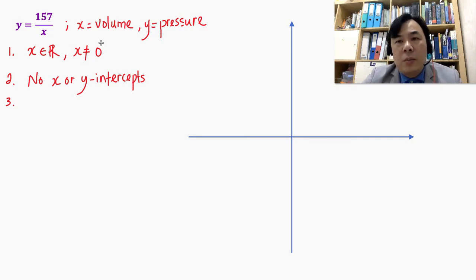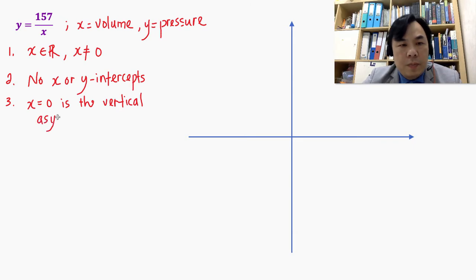Since x cannot be equal to 0, therefore x equal to 0 is the vertical asymptote. There you have it, the first vertical asymptote.